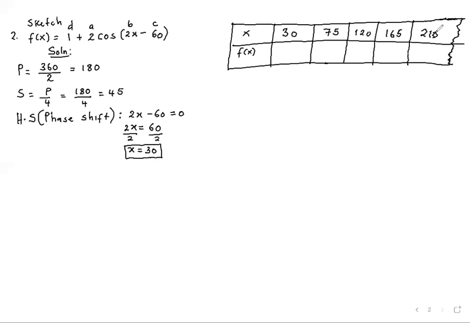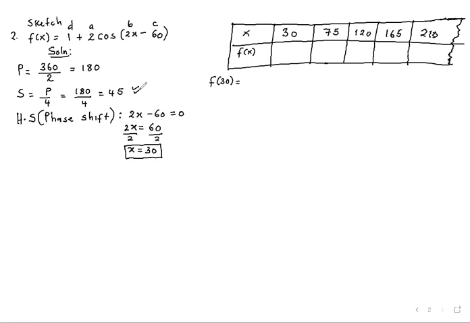Then we now substitute. What is f of 30? You should always be adding the scale to the numbers that you're getting. So you have 30, you add 45 because 45 is the scale for this particular case.